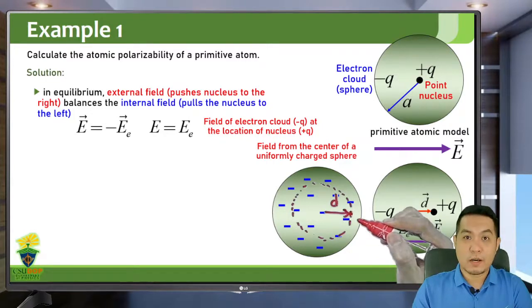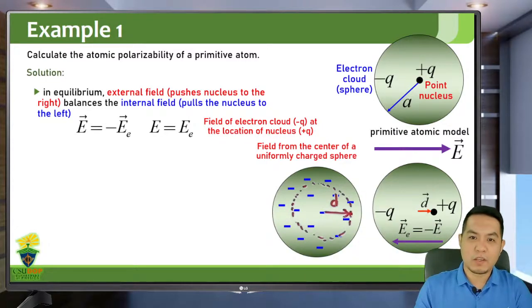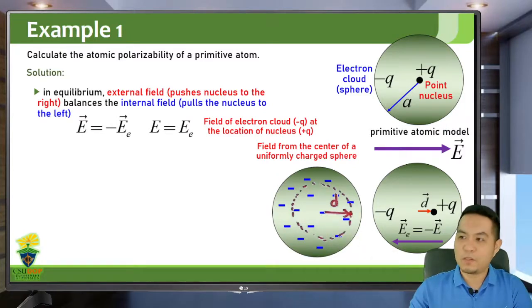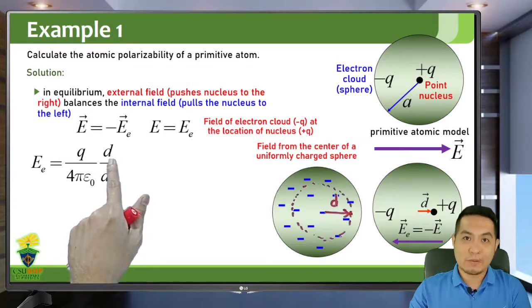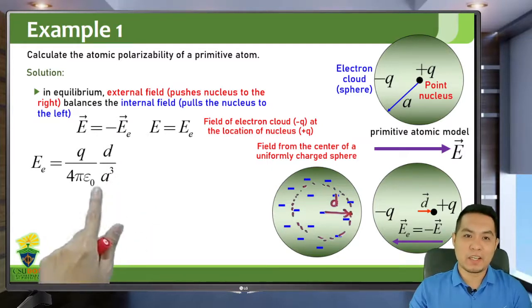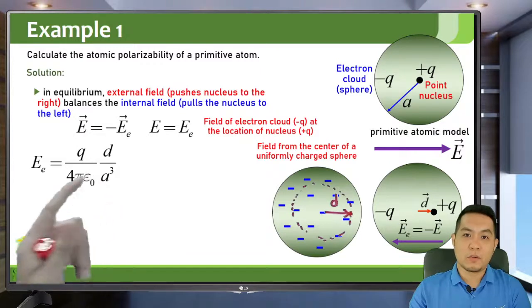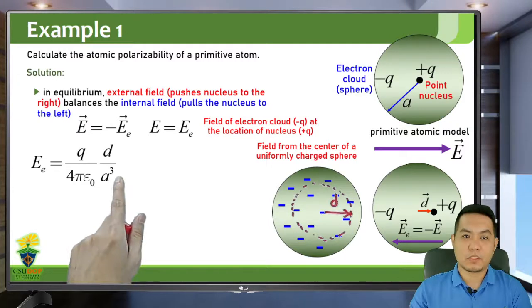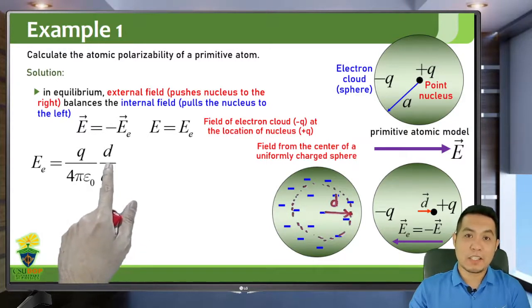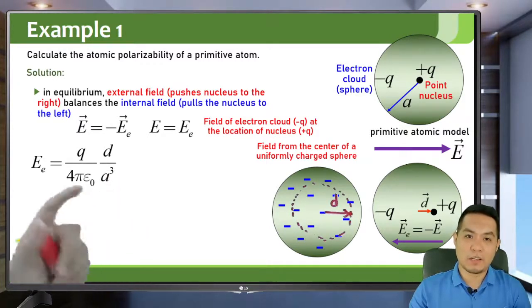I will no longer be solving this, since you already know Gauss law. Using Gauss law, you will find that the electric field a distance d from the center of a uniformly charged sphere, in this case our spherical electron cloud, is given by this equation. Q is the magnitude of the charge of the electron cloud, d is the distance from the center, and a is the radius of the cloud.